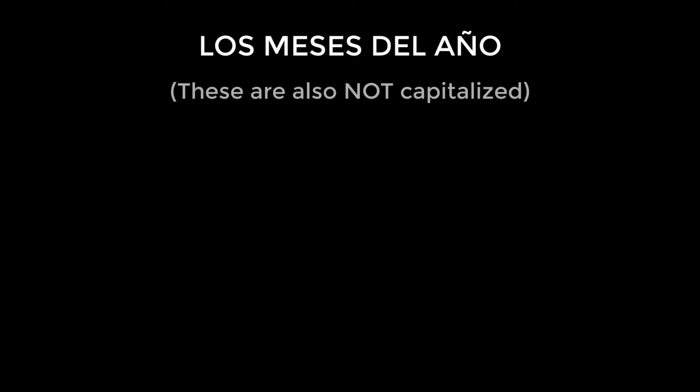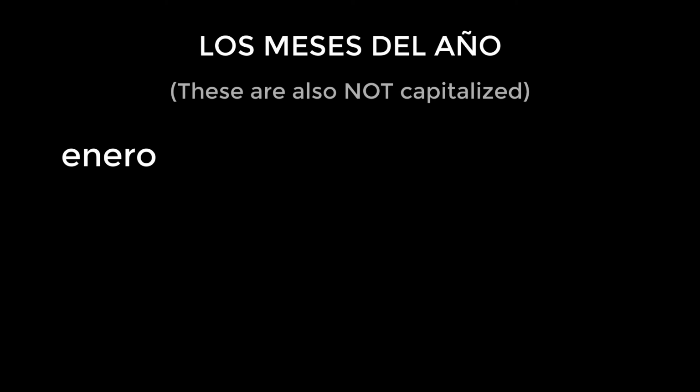Alright, so now you already know some basic vocabulary and los días de la semana. So now we're going to move over to los meses del año. The months of the year. A useful tip to help you remember each of these Spanish months is that each one starts with the exact same letter as in English except for January.